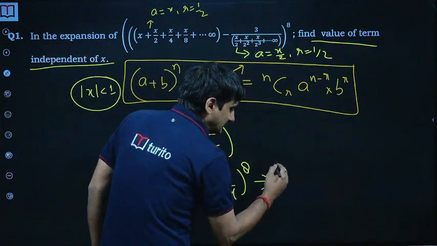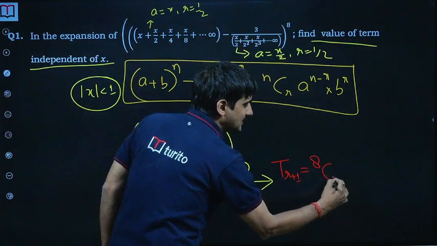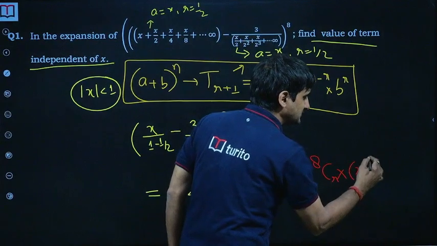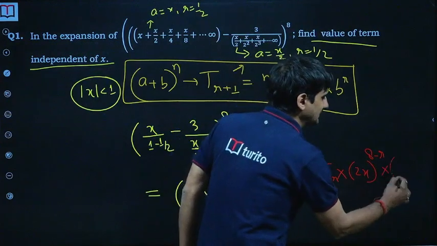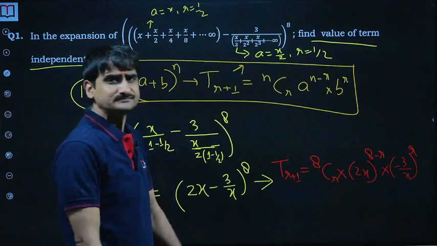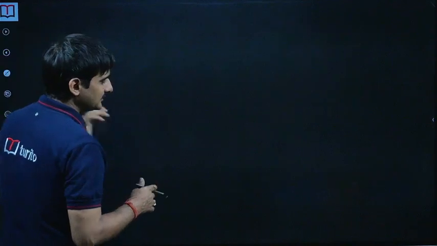So assuming the required term to be the general term, which will be 8Cr into a, the first term of the binomial, 2x raised to the power 8 minus r, into b, the second term of the binomial, minus 3 by x raised to the power r here. Now we have to just collect the power of x.